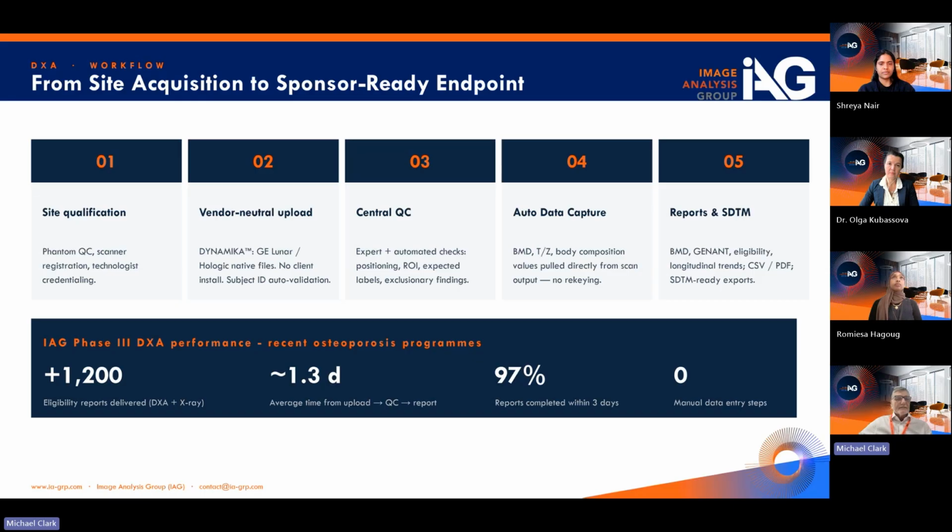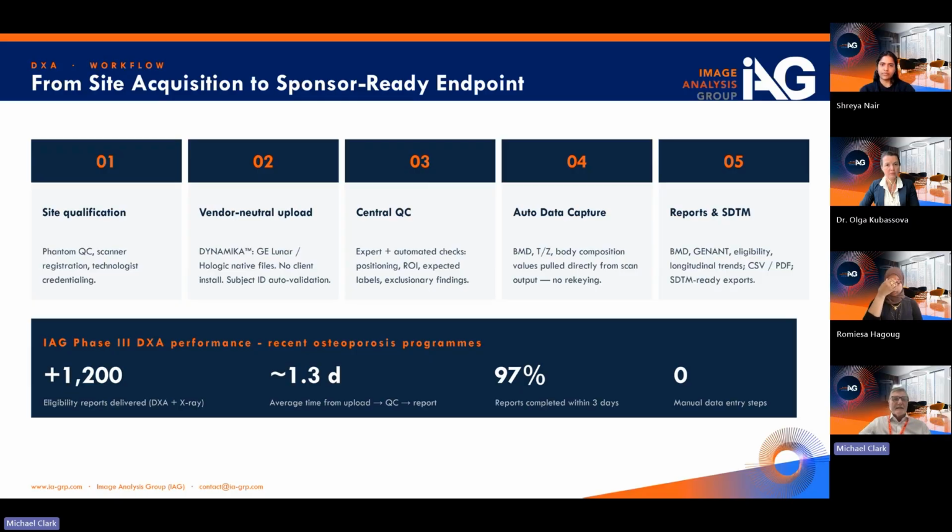We ask them for an instrument quality control baseline, so we have something to go off for the life of the study. The sites upload the data, no issues for them. Once it comes in, DYNAMIKA knows whether it's GE or Hologic, so it automatically pushes the data to the right instrument. There's no manual intervention. There's no manual pushing of data, so DYNAMIKA knows where it should go, and it goes.